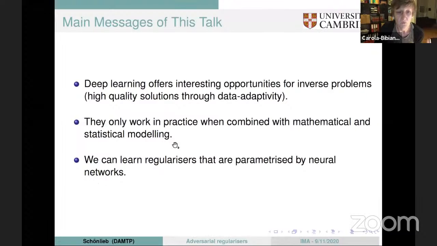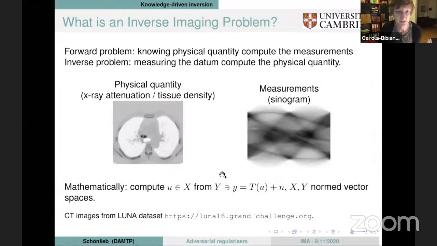And what I want to show you today is that we can do that by using as the mathematical framework variational regularization approaches, and then use the neural network to make the regularizer data adaptive, to learn the regularizer, and keep the rest of our nice mathematical framework and also statistically motivated framework intact. So that's roughly the idea, and we'll get there in a moment.